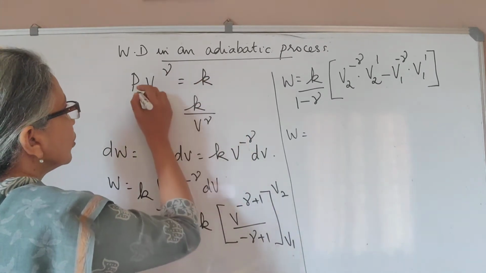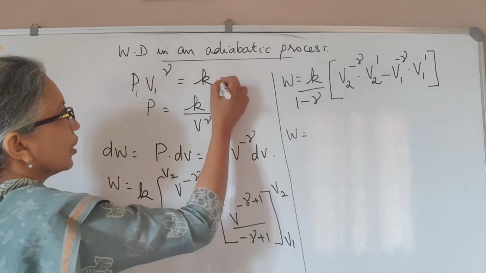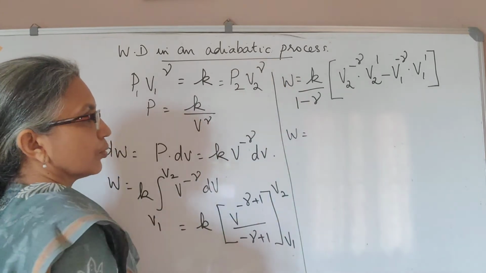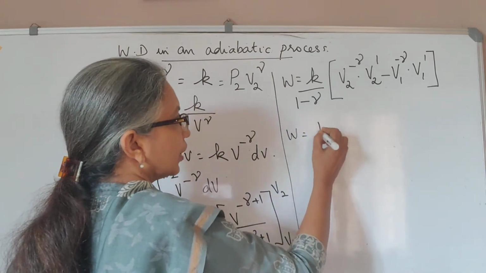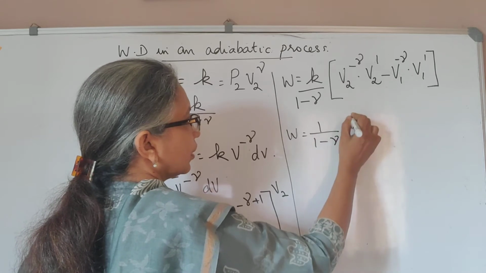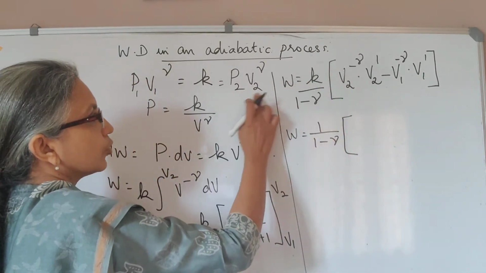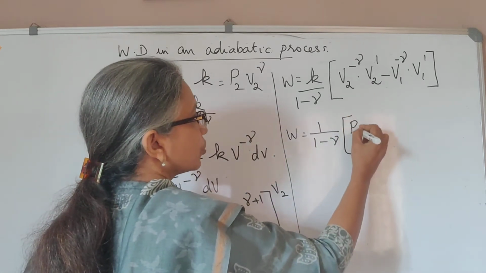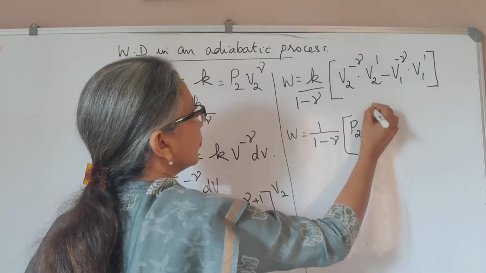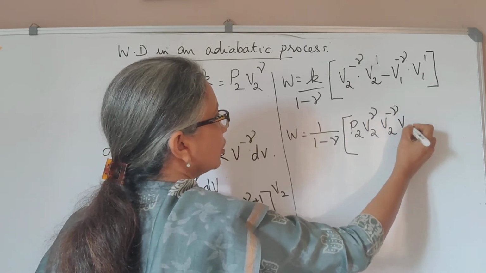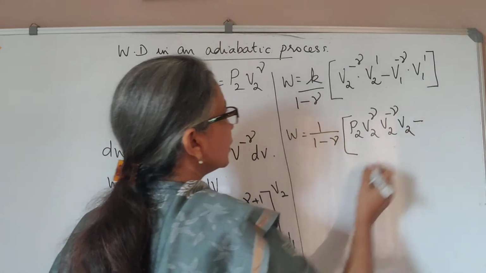So K is also equal to P1 V1 raised to gamma, equal to P2 V2 raised to gamma also. So here I am going to write 1 minus gamma, take the K inside. When I take the K inside here, I am going to use this: P2 V2 raised to gamma. Then we already have V2 raised to minus gamma into V2, minus.